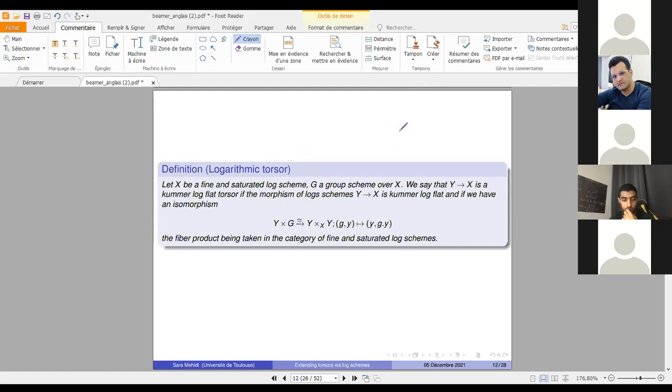So I write here the definition. I will say that, well, if X is a fine unsaturated log scheme and G a group scheme over X, I will say that Y over X is a torsor if this map is a Kummer log flat map, and if G acts on Y, and if the action is free and transitive. And so this means that this is an isomorphism of fine unsaturated log schemes. And the idea here is to allow having ramification.